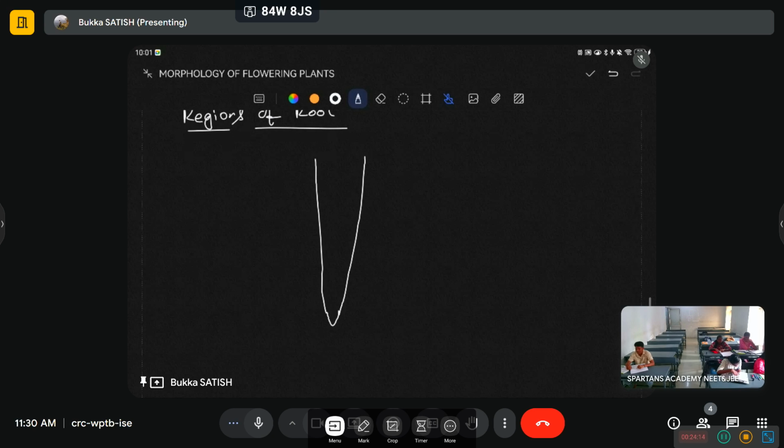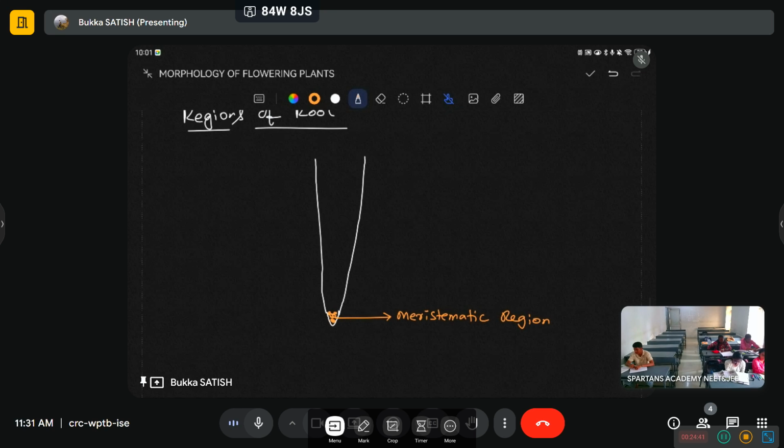Right. The first one, in the tip of the roots, as we know, there is meristem. The meristematic cells are present in this. This is the meristematic zone or meristematic region.